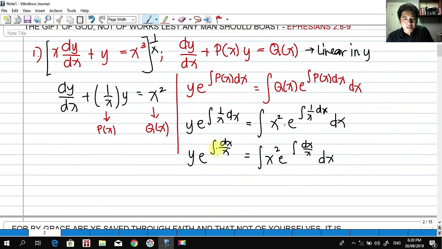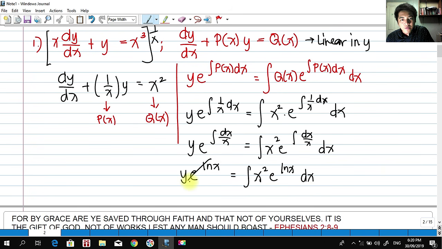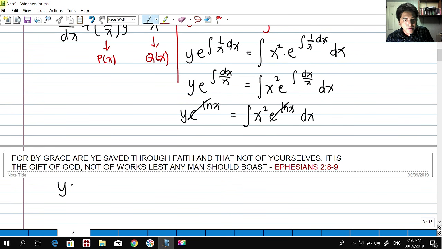So if we're going to evaluate this, y times e raised to the integral of dx over x, which is ln of x, is equal to the integral of x squared e raised to ln of x dx. And as we can see here, e raised to ln will cancel, and we are left with y multiplied by x, because if we cancel this, the only term remaining is the inside function of the ln, which is x. And this is equal to the integral of x squared multiplied by x dx.